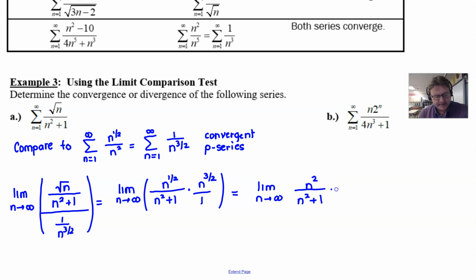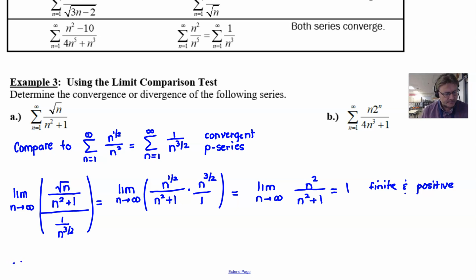Well, that limit is certainly equivalent to 1 because the 2's match. 1 is, believe it or not, finite, right? Finite meaning it's a numerical value. It's not infinity, and positive. So you got to make sure that you don't get 0 for an answer or a negative number for an answer, because if that's the case, then you can't make any conclusions about the limit comparison test.